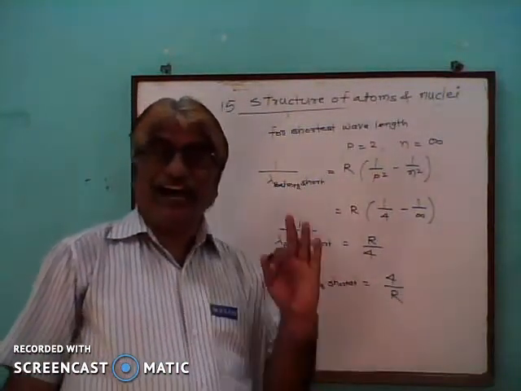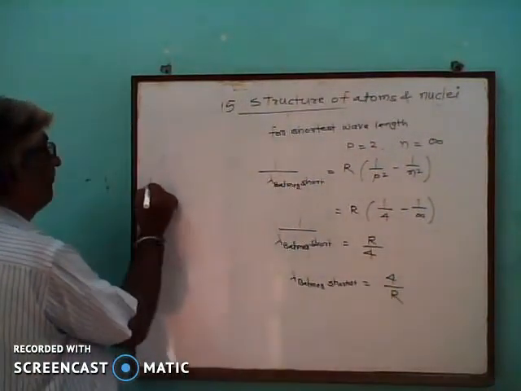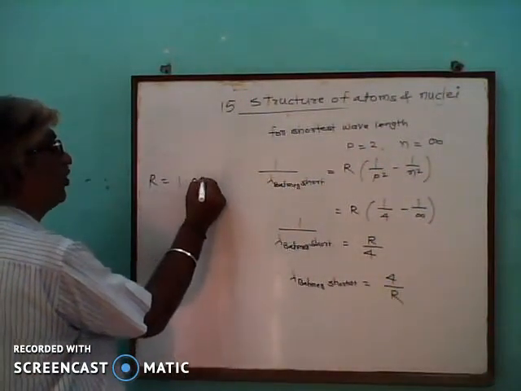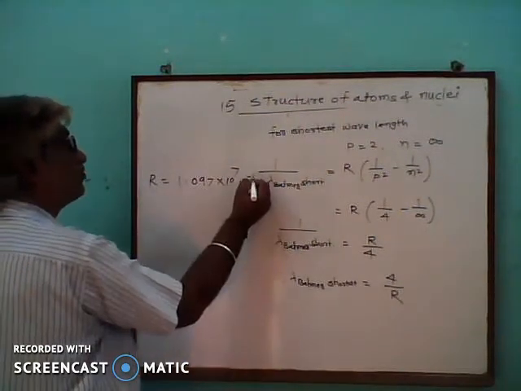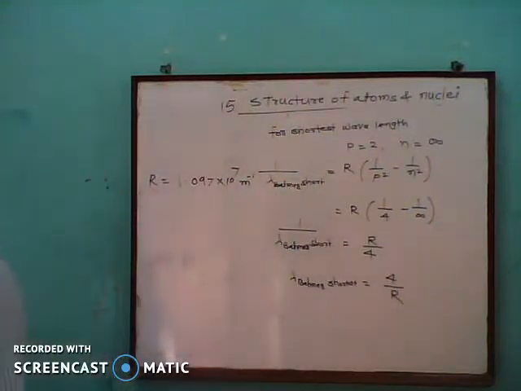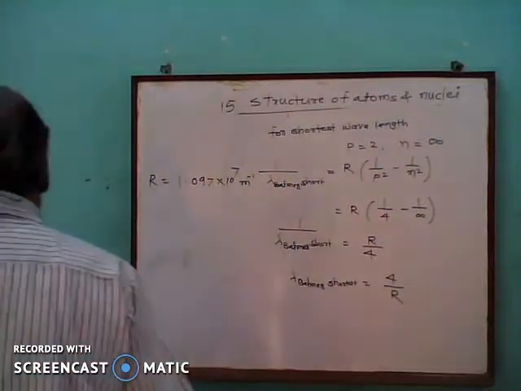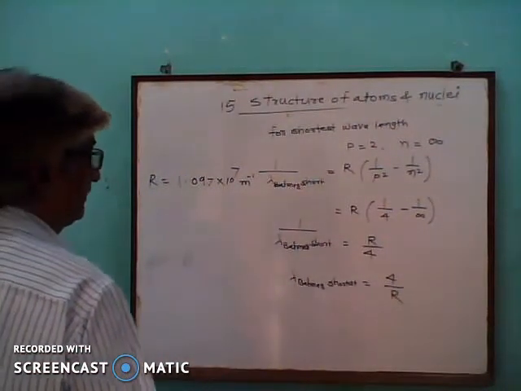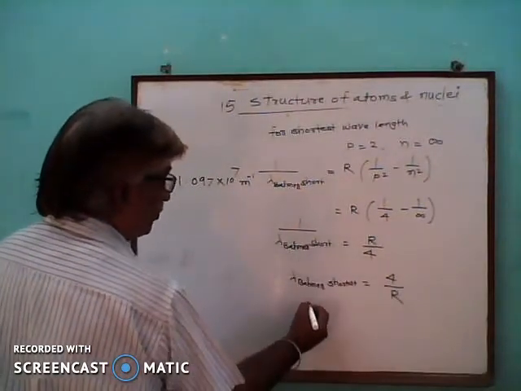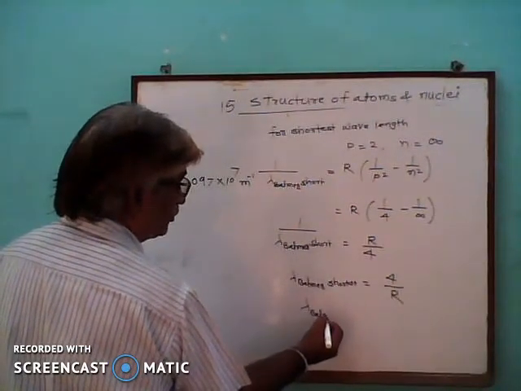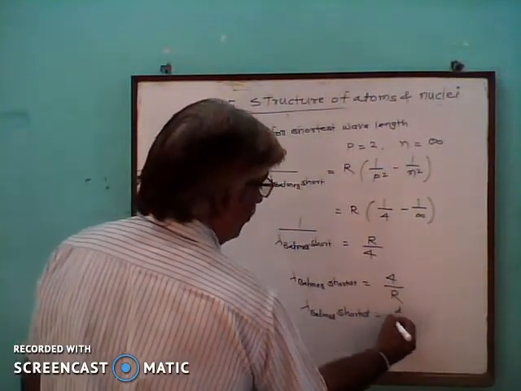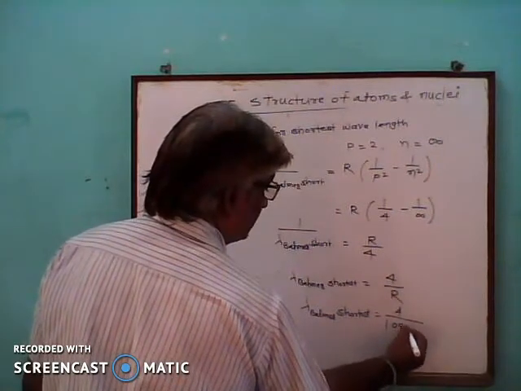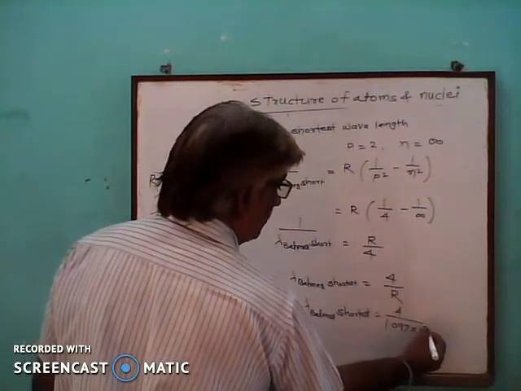We know that R is the Rydberg constant, having value 1.097 into 10 raised to 7 meter raised to minus 1, or per meter. Substituting the value, lambda Balmer shortest is equal to 4 upon 1.097 into 10 raised to 7.